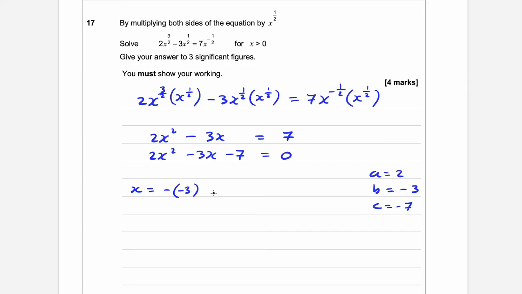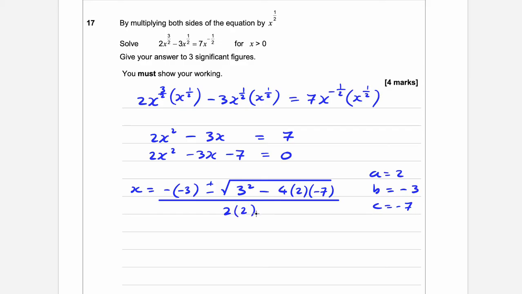Minus b plus or minus the square root of b squared. I just go straight to 3 squared, because the minus is going to become positive, so 3 squared minus 4 times a times c, and that is all over 2 times 2, which is 4.